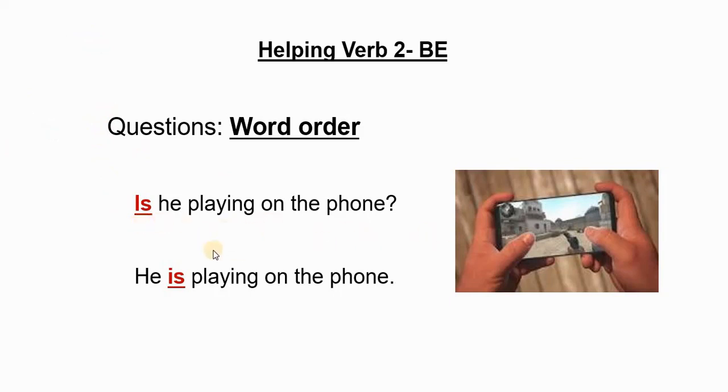Because this is a question, the helping verb comes first before the subject, he. Is he playing on the phone? And if you transform this into a statement, then the subject comes before the helping verb is. He is playing on the phone.